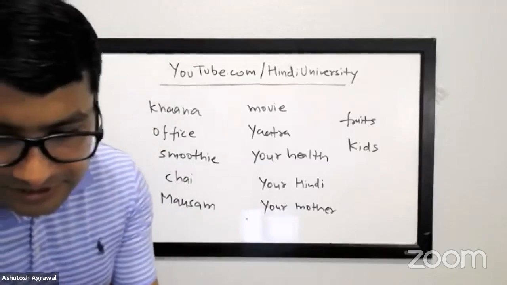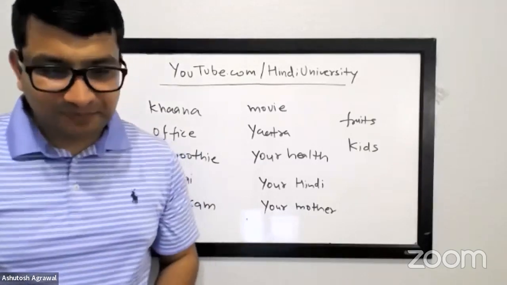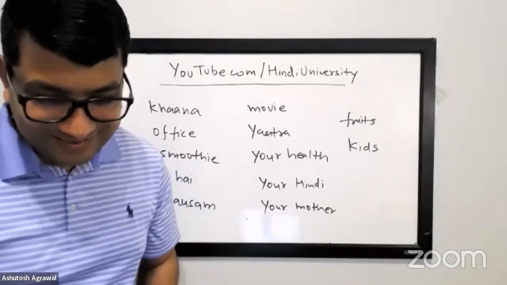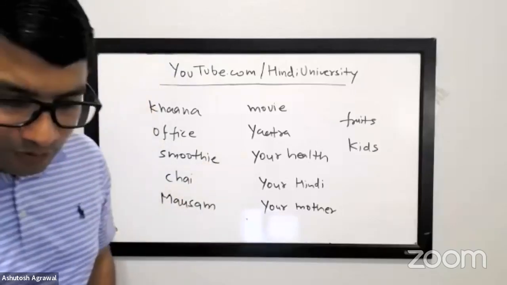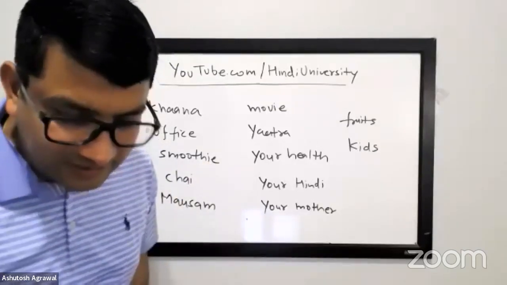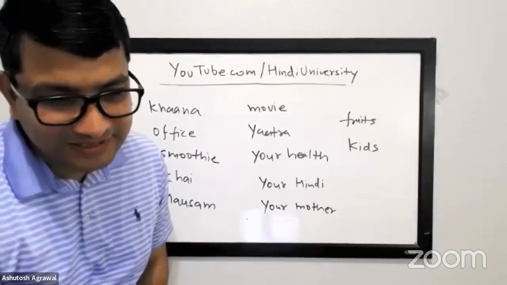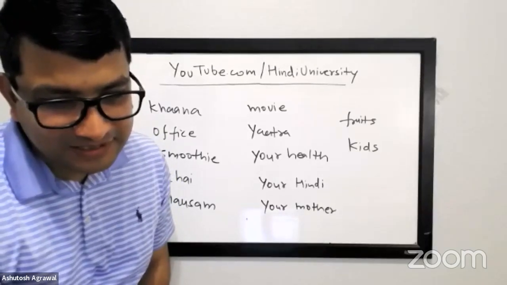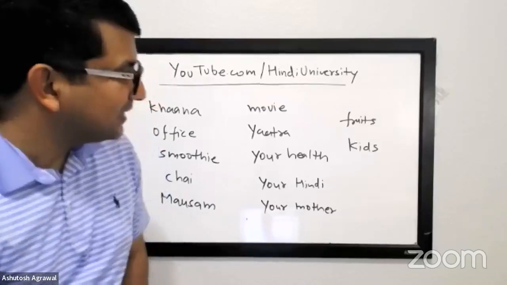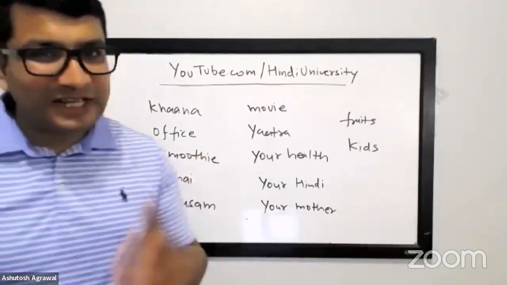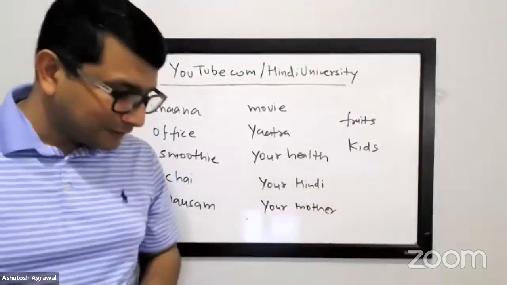Let's see. Lizzie Ji, how are you doing? Hi, बढ़िया. You want to pick any of the nouns or a noun of your choice? Any of them or anything of your choice. This is just to get started.